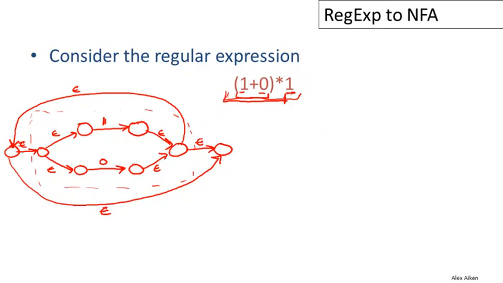And now we have a little bit more to do. We need another machine that accepts just 1. So we build another machine that accepts the digit 1. And now we need to compose the two of these things, to concatenate them. And that was very simple. We just have an epsilon move from the final state of the first machine to the start state of the second machine.